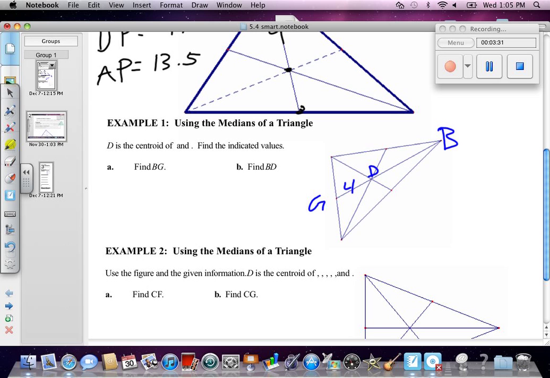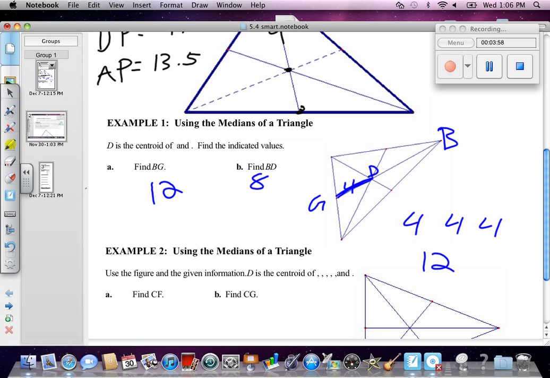So what would DB be then? It would be 8. And so the whole thing would be 12. Okay. If I know this is 1/3, and I have 4 3s, how many do I have? 12.